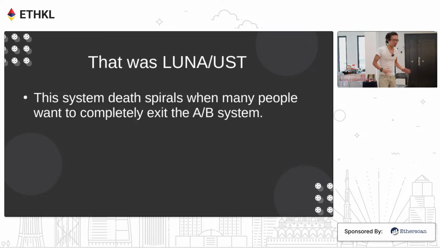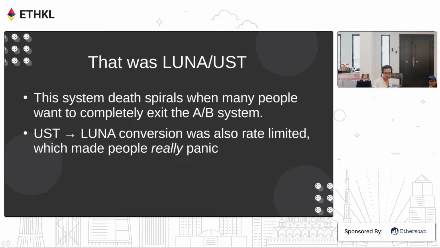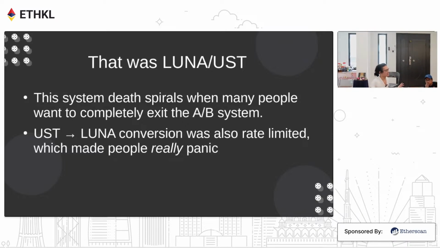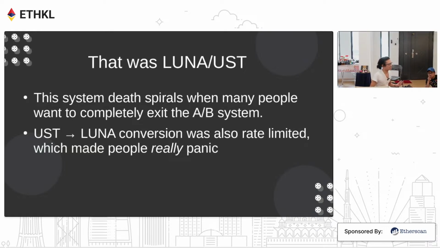So that's the problem with this system. Then that was when they found out that every day only a certain number of people could convert from B back to A. And that's when everyone in B really started to panic.